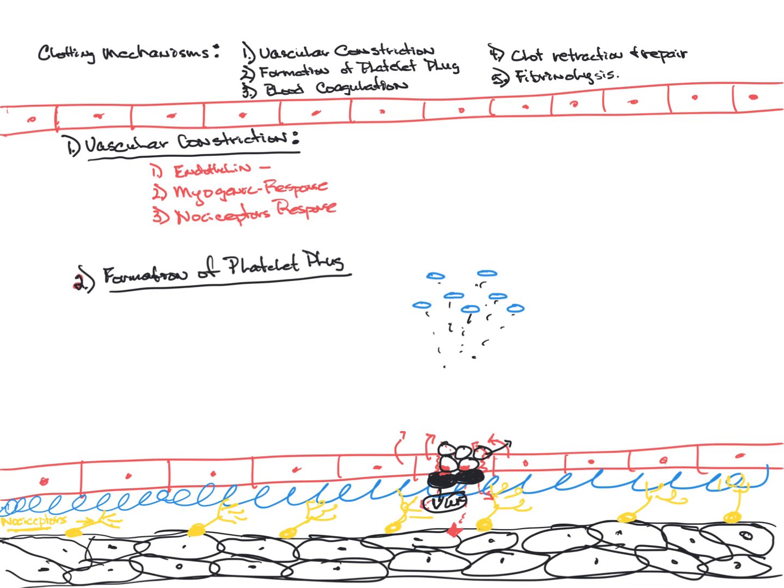The chemicals that are going to be released are ADP, adenosine diphosphate, and then thromboxane A2, and then serotonin. These 3 chemicals are going to be released, and these are important because they also come into play in some of the drugs that work on them.